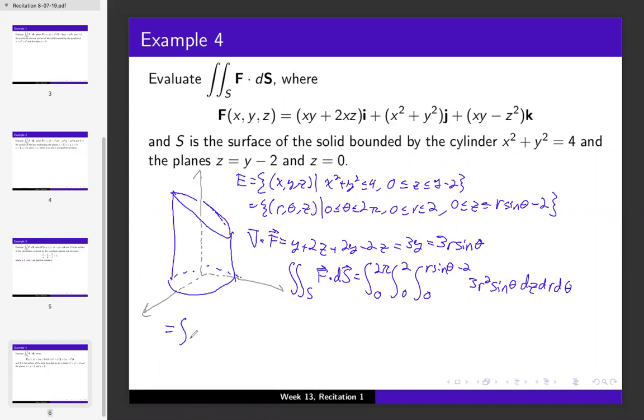In other words, this is the integral from 0 to 2 pi, integral from 0 to 2 of 3r cubed sine squared theta minus 6r squared sine theta dr d theta.